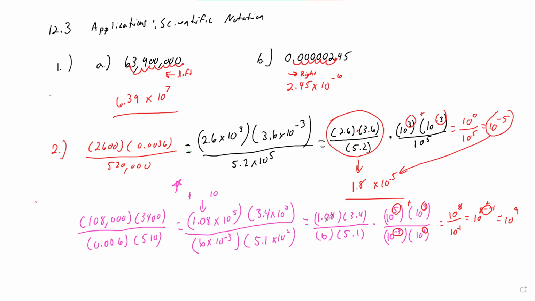We'll use a 1.08 times 3.4. And then I would actually probably go ahead and do 6 times 5.1 and then divide those two.